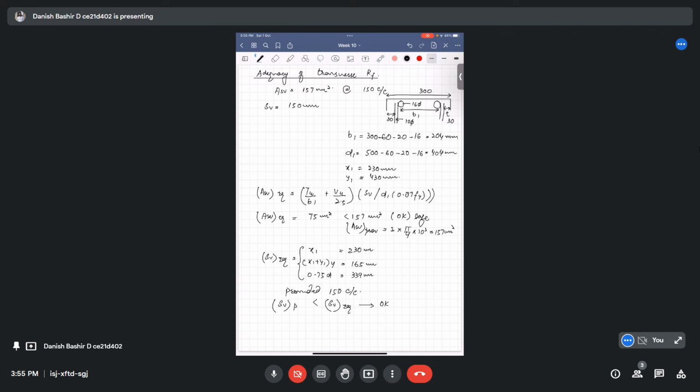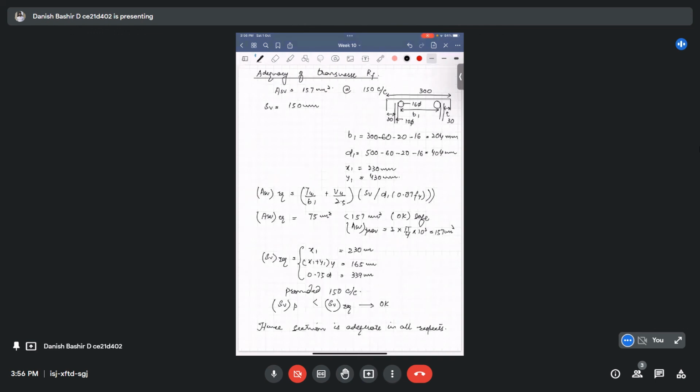Hence the section is adequate in all respects, be it the adequacy of the longitudinal reinforcement, or the adequacy of the side reinforcement, or the adequacy of the transverse reinforcement.